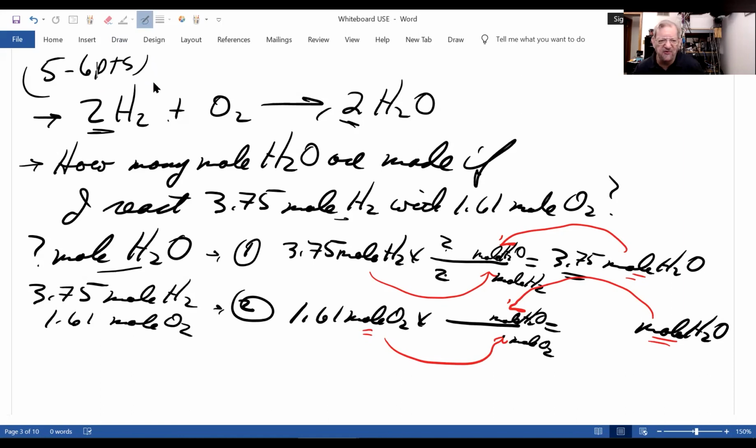Where do I get those numbers? Right here. Remember, when there's no number here, it's the number 1. Ooh, that's a pretty looking 1. For every 1 mole of oxygen, how many moles of water do I make? 2.